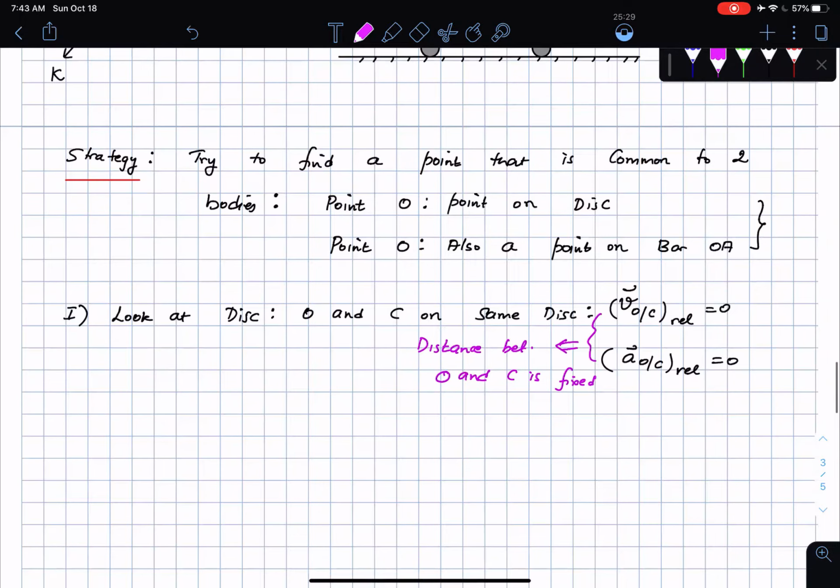And then I try to relate the velocity of these 2 points. I make use of the generic formula. Velocity of O is velocity of C, plus velocity of O relative to C due to the change in the distance between the 2 points, which is 0 here. And then I'm going to have omega of the disk crossed with the position vector from point C to point O. I'm looking at point C as the observer and drawing a position vector to the point O. And obviously I know that this term is going to be gone.